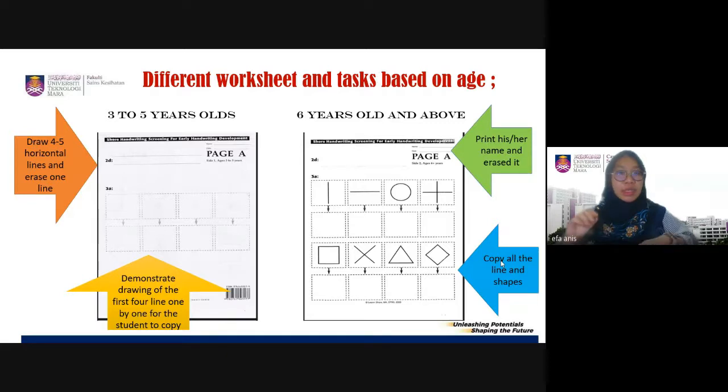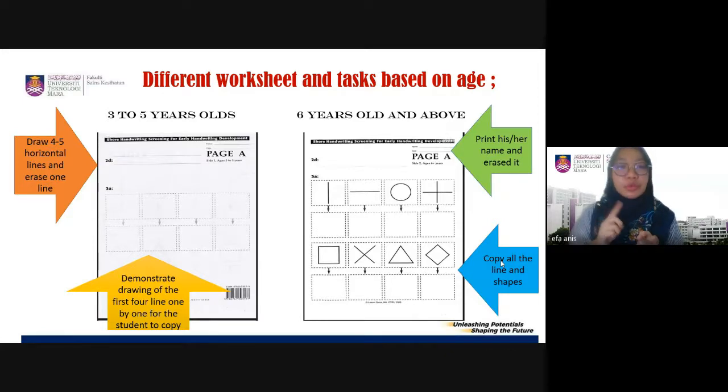Okay, as I mentioned, there are 5 components we assess, 2 of which are observation only and 3 are performance based. There are 5 pages. The first 2 pages are all on hand control and pre-writing.